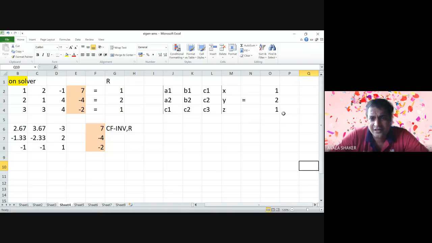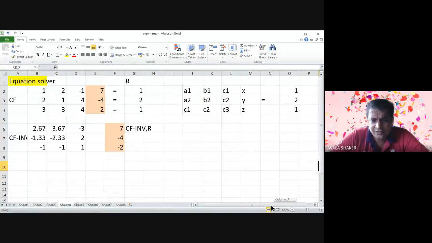Okay, so the right hand side is this. So we can write these simultaneous equations as a matrix of all the coefficients and a column matrix, so that when you multiply you get the left hand side and you have the right hand side. So these are our three equations. Okay, so we'll use the matrix formulation which we did last time to solve this and find the values of x, y, and z.